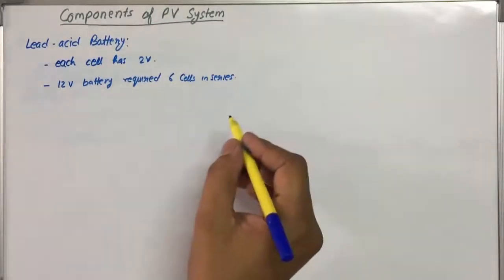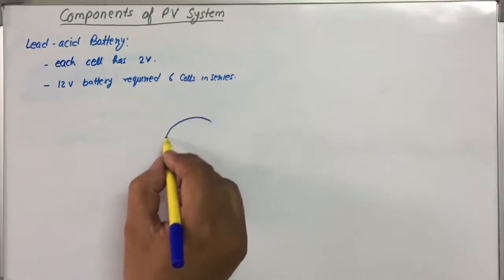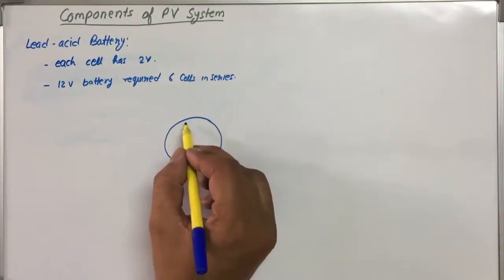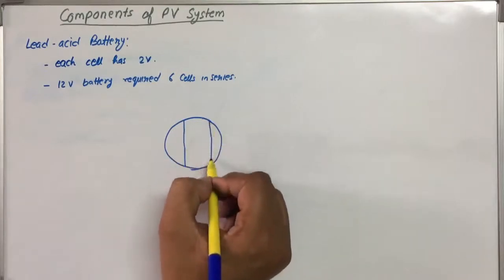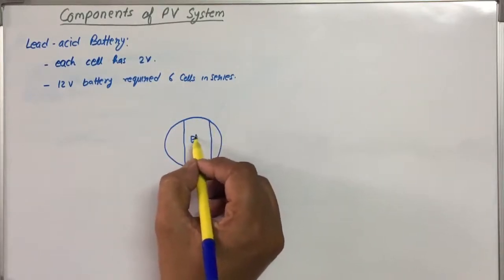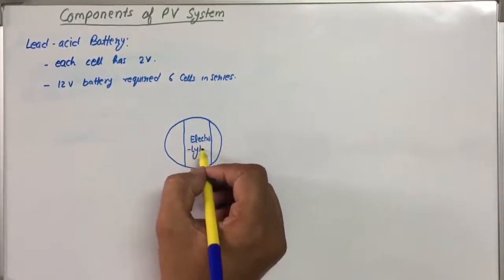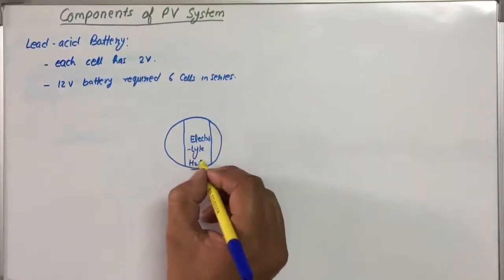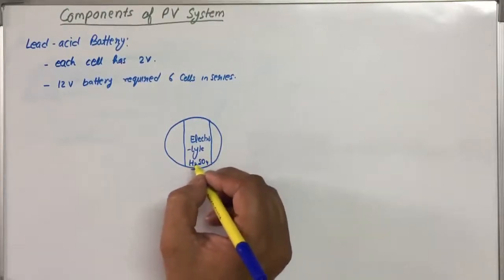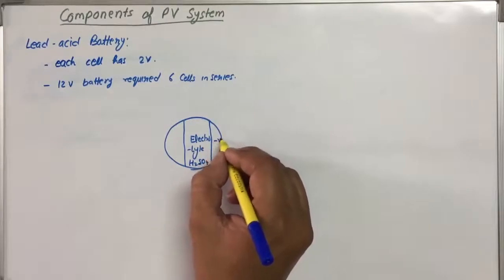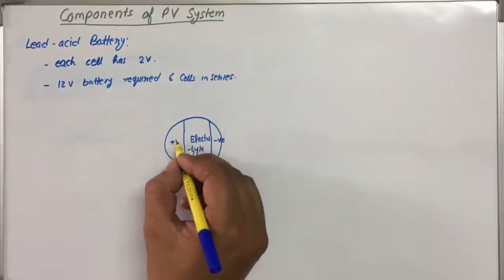It is composed of 2 electrodes and an electrolyte. The electrolyte is dilute H2SO4, and this is the negative electrode and this is the positive electrode.